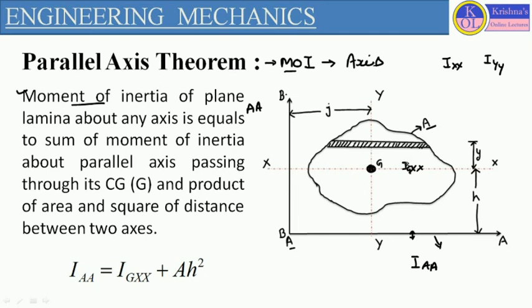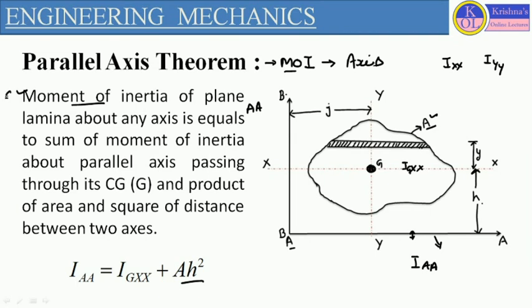So it should be represented by IGXX, plus the product of the area of the lamina, A, and the square of the distance between these two axes. Let us consider the distance between these two axes is h. So the equation should be IAA equals IGXX plus Ah square.